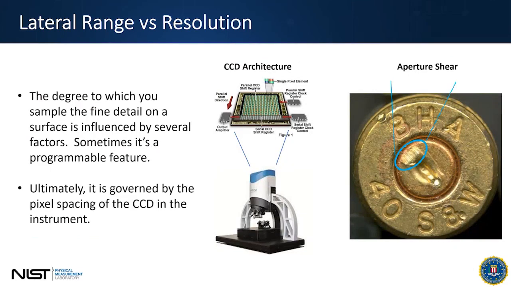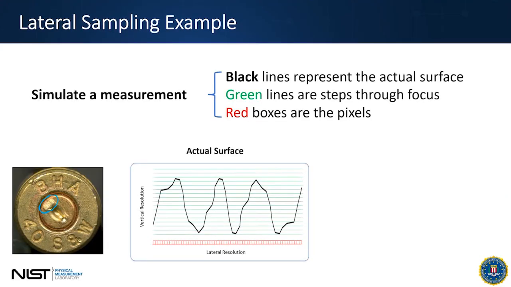How finely we want to sample that surface is partly dependent on what type of toolmark or what type of surface I want to be able to sample. Like I mentioned, if you go to high magnification, you get more information. So here's a good example. This black line in this chart represents what the surface actually looks like.